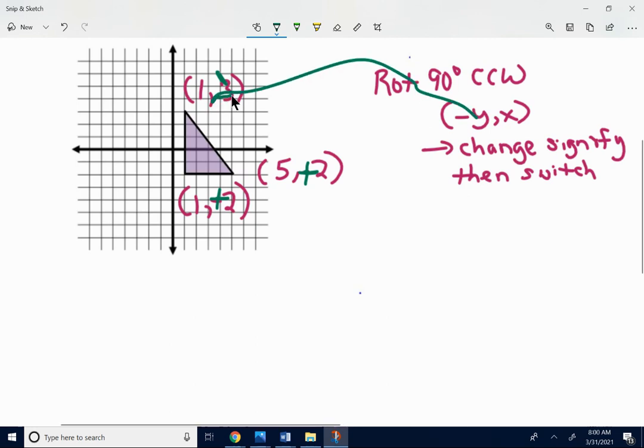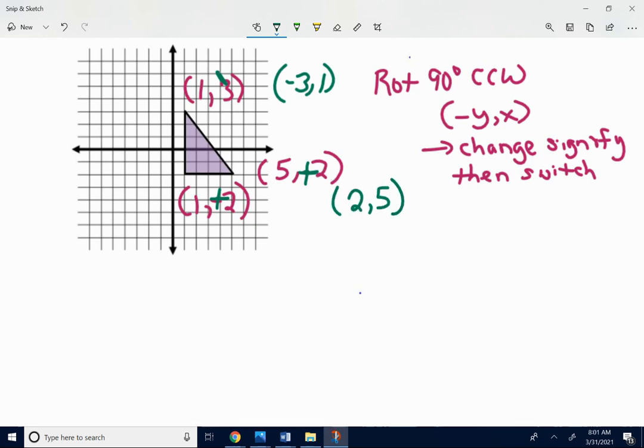So this 1, negative 3, when I swap them, is going to be negative 3, 1. 5, 2 is going to be 2, 5. And 1, 2 is going to become 2, 1. So I can figure out where those points are and put the triangle so that the vertices cover those 3 points.